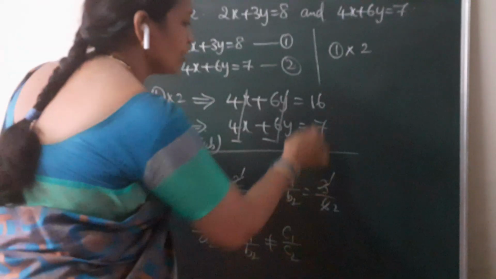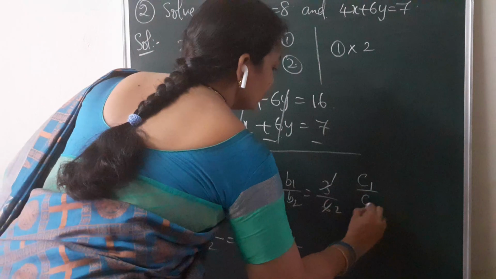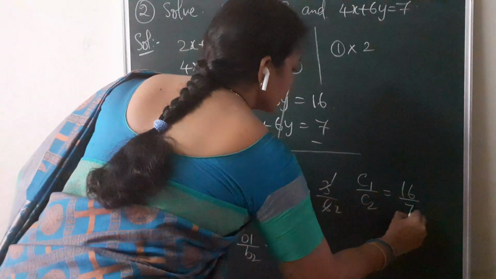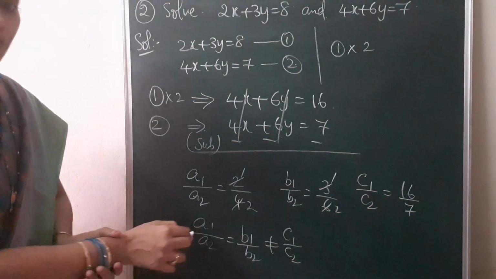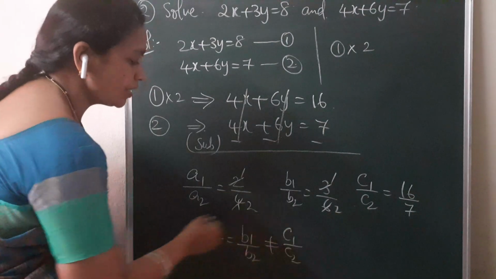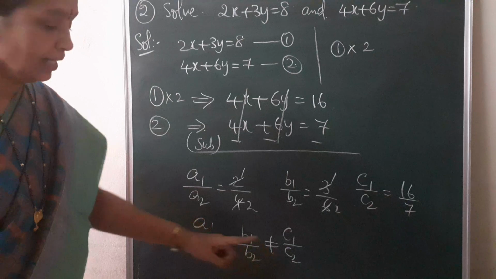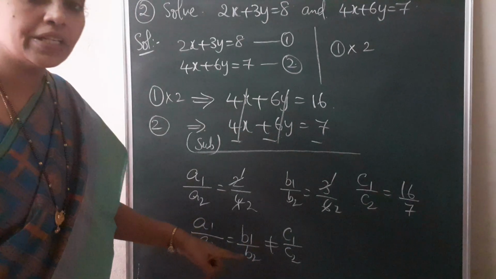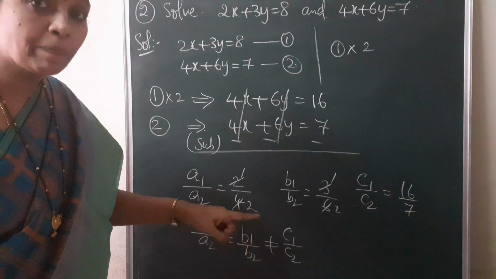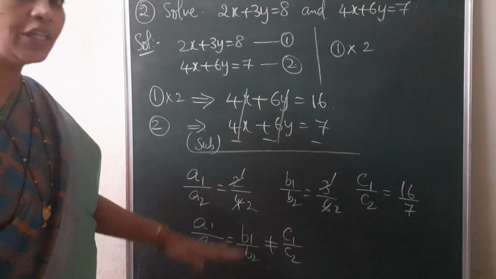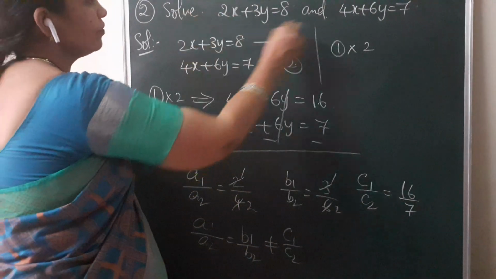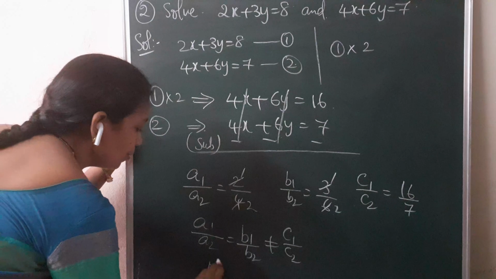Here c1 by c2 is equal to 16 by 7, so those are not equal and the condition is satisfied. Then we can say the pair of linear equations is inconsistent, whose graph is parallel lines, and it does not have any solution. So what is the solution for these two? There is no solution.